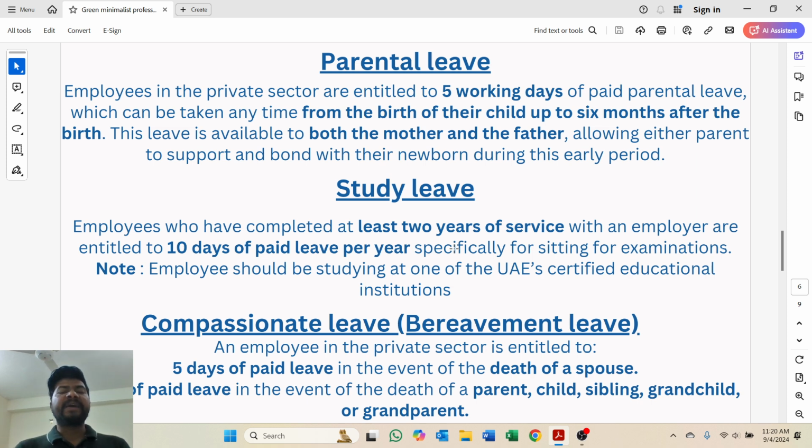Other is compassionate leave. Compassionate leave is available in the case of death. An employee in the private sector is entitled to 5 days of paid leave in the event of the death of a spouse, and in the event of death of parents, child, siblings, grandchild or grandparents, 3 days of paid leave is available for the employee.